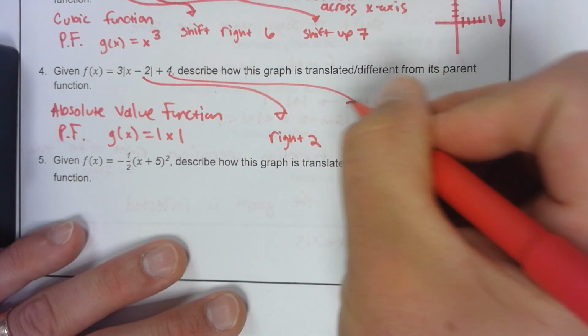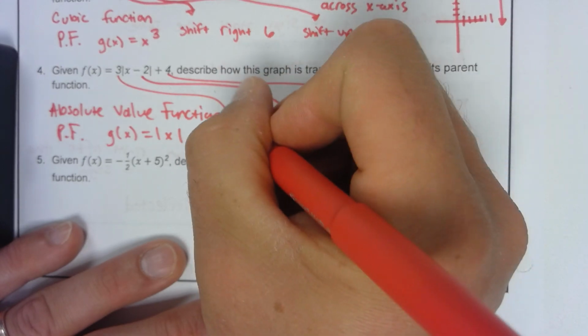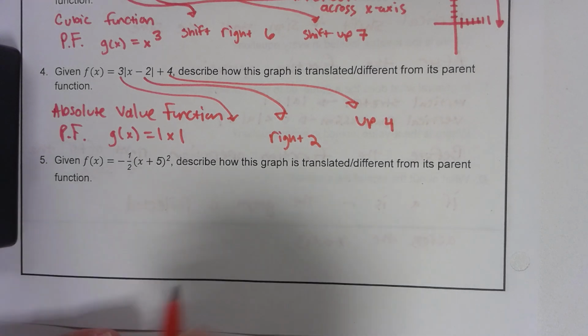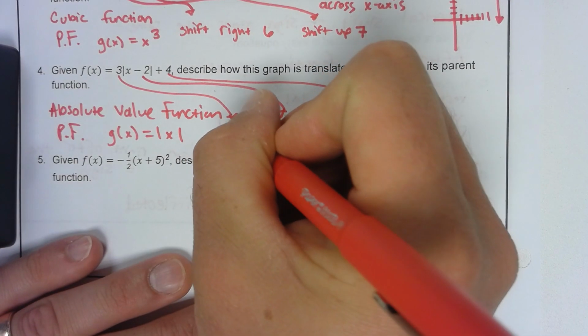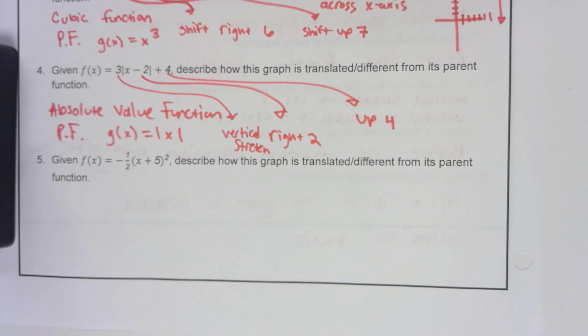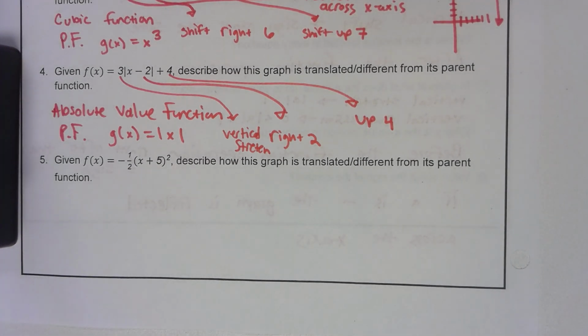This +4 shifts everything up 4. And then this 3, because it's greater than 1, that's going to be a vertical stretch. And again, the calculator part is just extra. If you've got the calculator part down, keep doing it, because it'll make everything else a little bit easier.